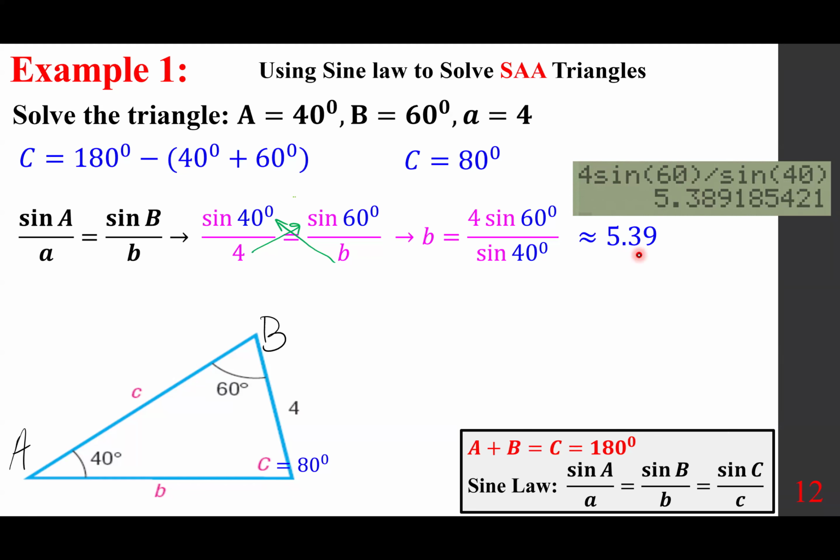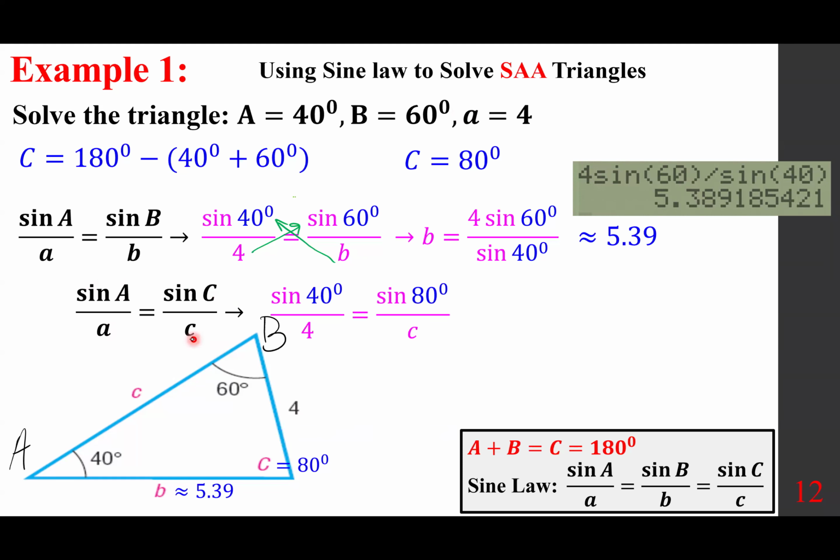Now that we have that side, let's make a note of it, 5.39. We are going to go with the second part, sine A over a, sine C over c. And by the way, although you can use sine B over b, I recommend you use what is given, because what if we made a mistake with our calculation here? Always try to go with the given. So this is sine of 40 over 4 equals sine of 80 over missing lowercase c.